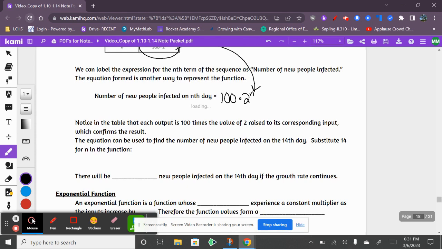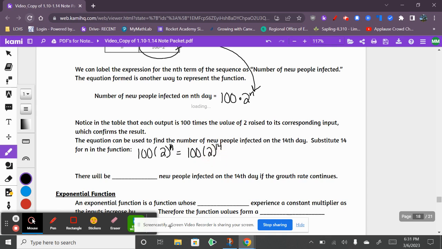I'm only going to have us look at how many people are infected by the 14th day. So we're going to substitute the 14th day into the equation for n. We start with our original equation, and we replace n with 14.